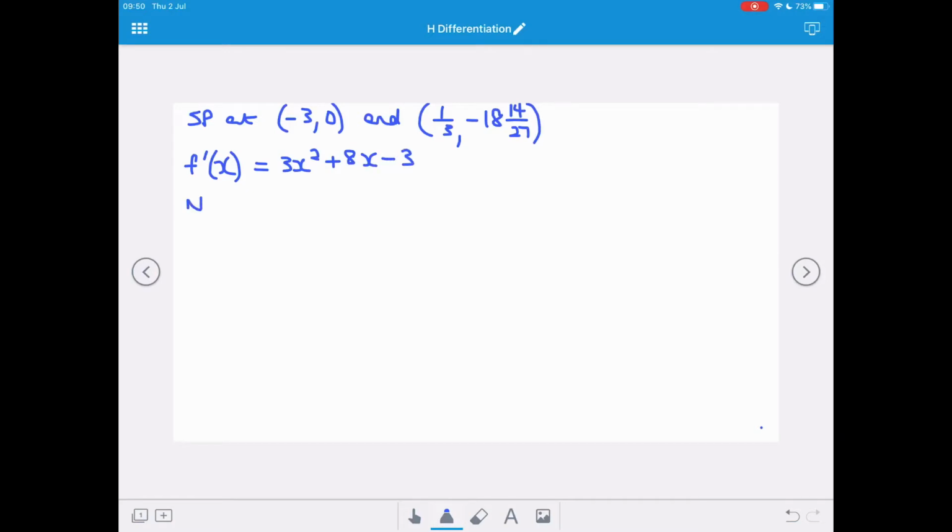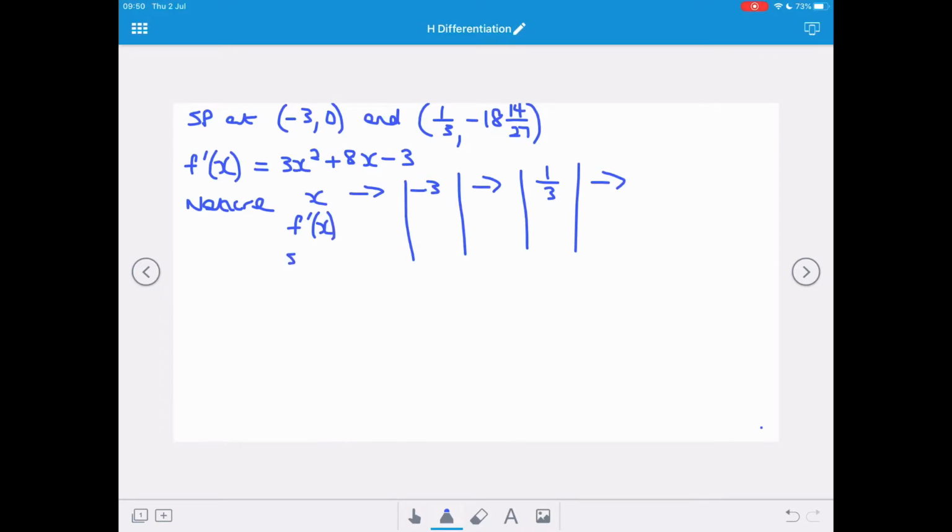So our nature table, we're going to consider our values of x leading up to negative 3, between negative 3 and a third, and then beyond a third. And we're going to consider what happens to the derivative and what the slope or the gradient is going to look like.